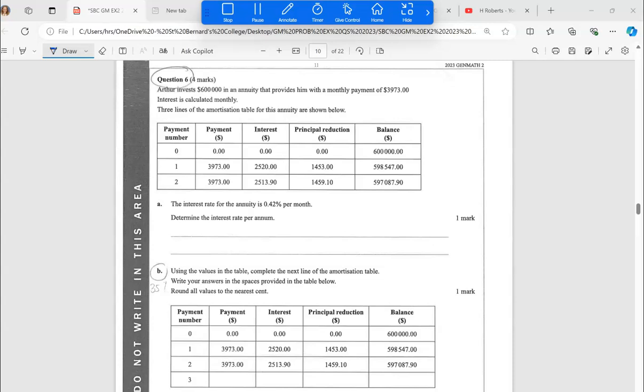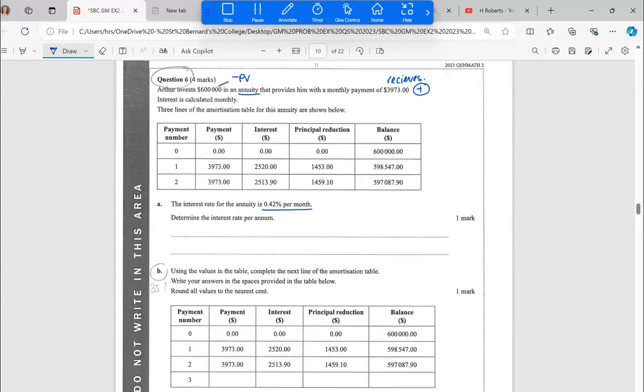Okay, so we've got a couple of questions in this 6. So just to remember, this is an annuity, and that provides him, so he receives these payments. So that would be a positive payment, and for an annuity he invests, so that would be a negative PV. Now, just be careful here. Though it wasn't a problem, I just want to make sure.